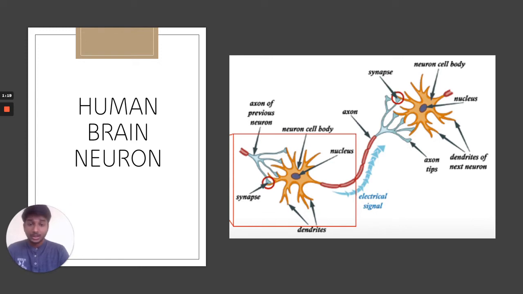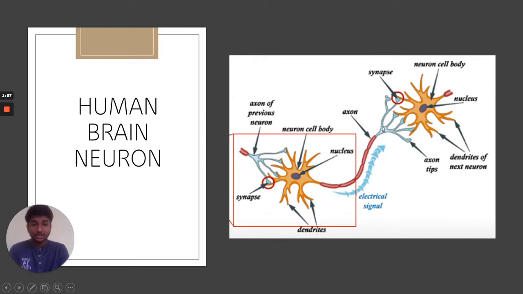Okay, let's see how a human brain neuron works. Here you can observe the dendrites, which are the inputs for the neuron cell. The dendrites take the input and put it into the neuron cell body, where the functions run, and then it chooses whether to send an electrical signal or not with the help of the axon.